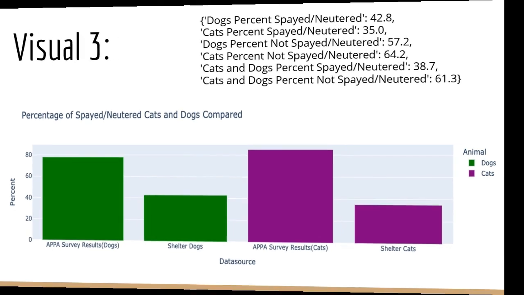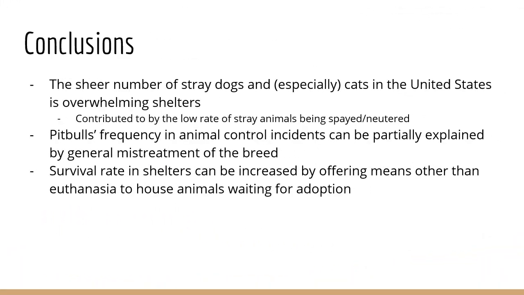Conclusions to draw from our analysis include the sheer number of stray dogs and even more so cats in the United States is overwhelming shelters. So these animals are being forced out or euthanized to make space for newer animals coming in. And this large number of strays is contributed to by the low rate of stray animals being spayed or neutered that was shown earlier in our insights.